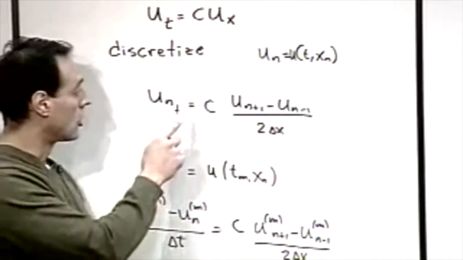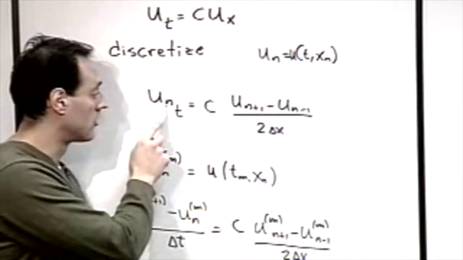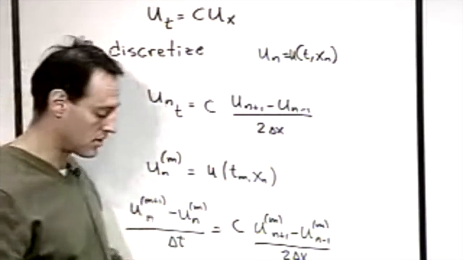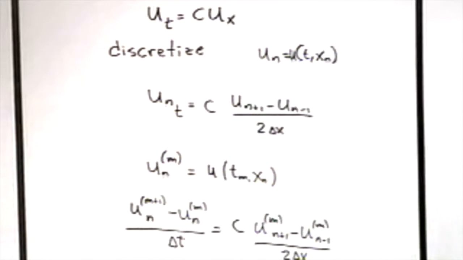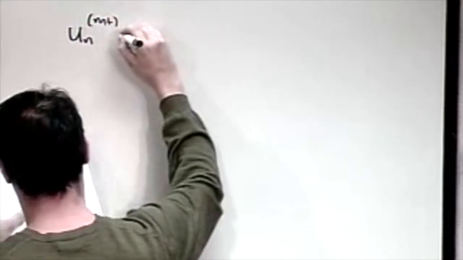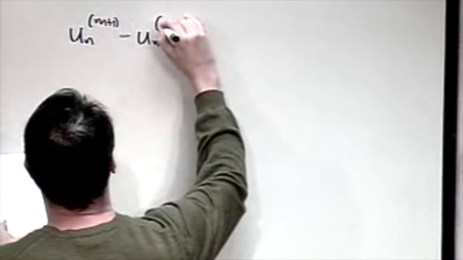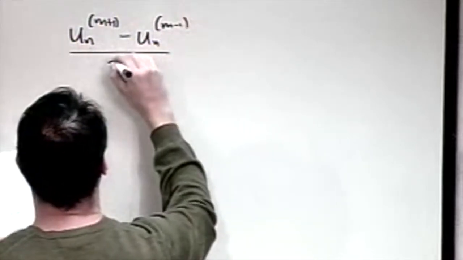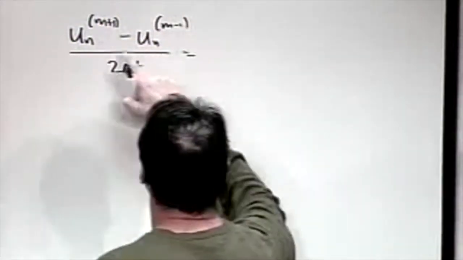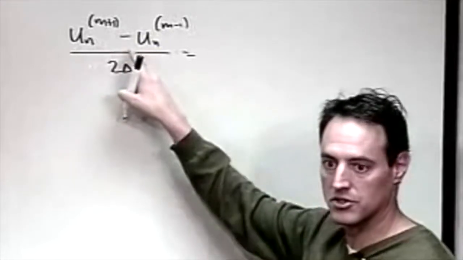So in fact, going from here to here, let's now use center difference in time here and see what happens. When you use center difference in time for your time derivative, you get the following. This is your center difference in time.